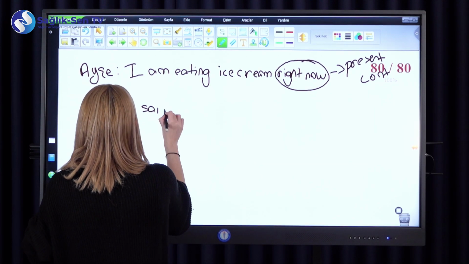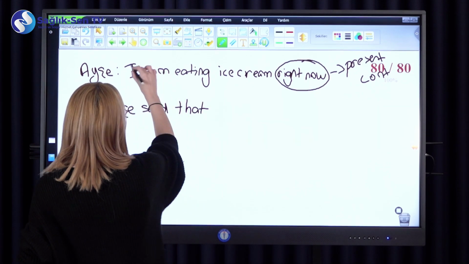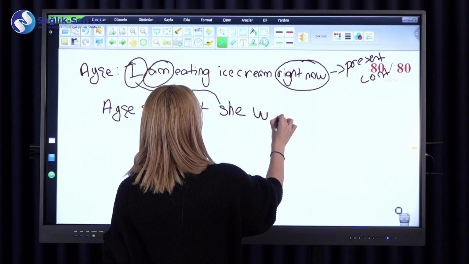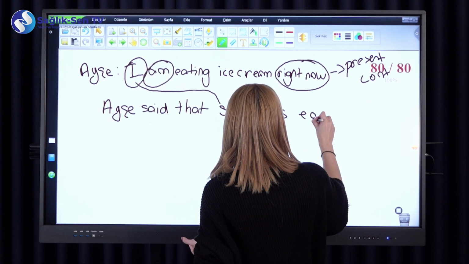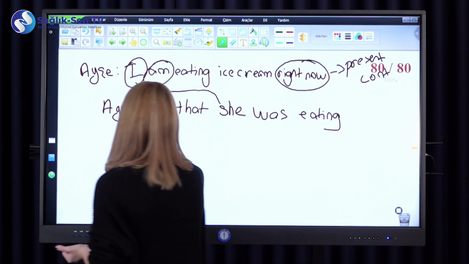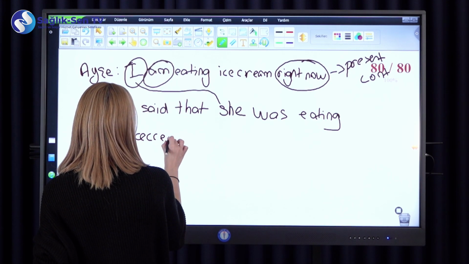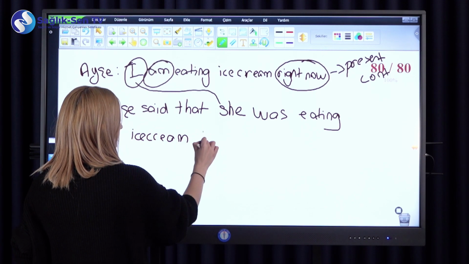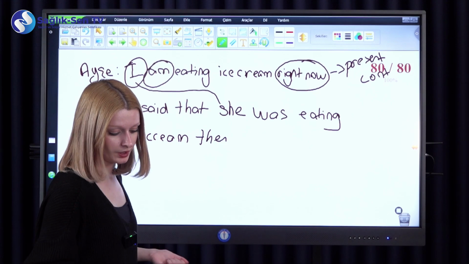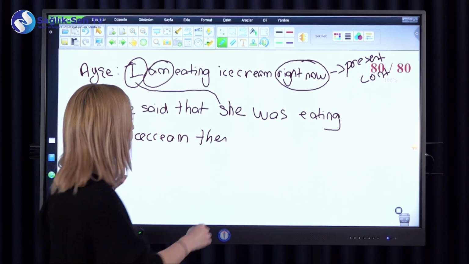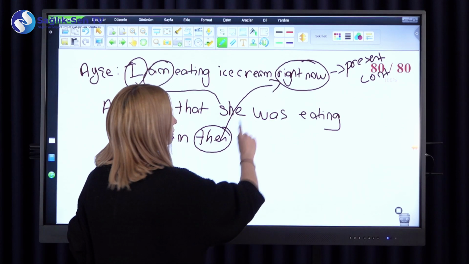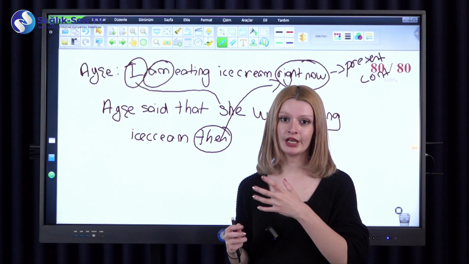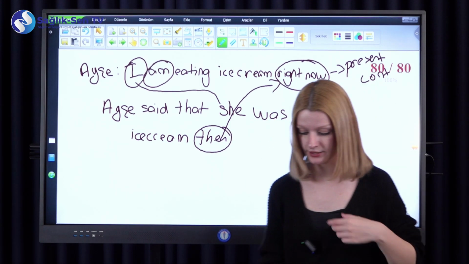Aisha said that she was eating ice cream then. I used then instead of right now because I transformed my present continuous tense to past continuous tense.